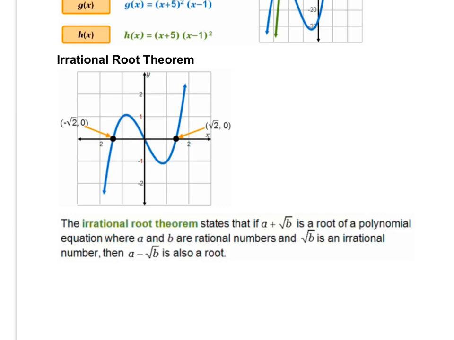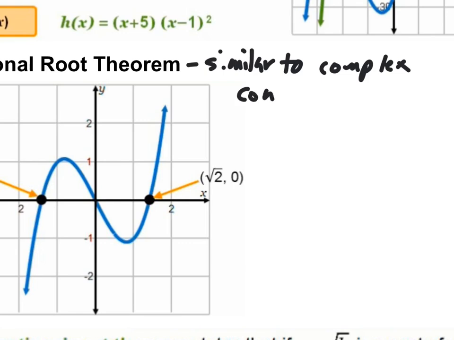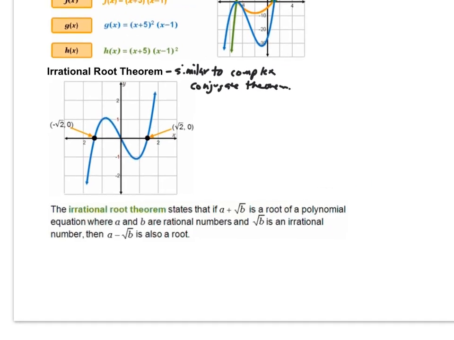This is similar to the complex conjugate theorem from the last section. So if you get some sort of irrational number as a root, know that you're going to get both a positive and negative one out of it. Okay, let's go ahead and take a look at the next page.